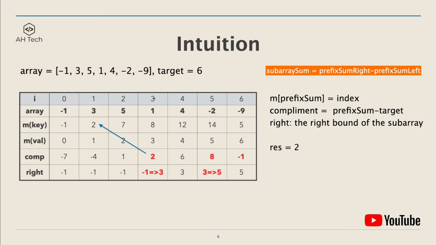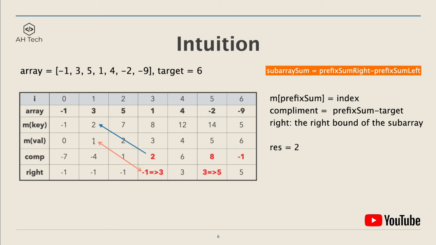And then at index 3, we'll compare the value of the hash map at index 1, which is 1 and -1. In this case, 1 is bigger than -1, which means that it is not overlapped with any other subarrays we have found.